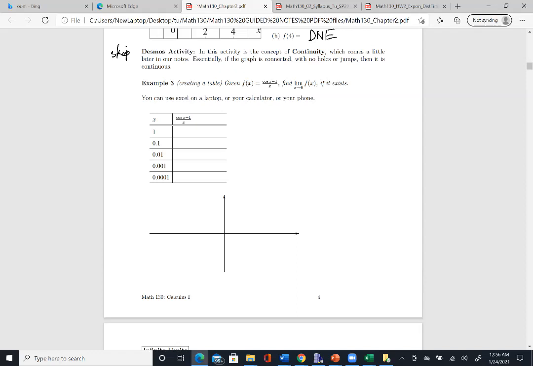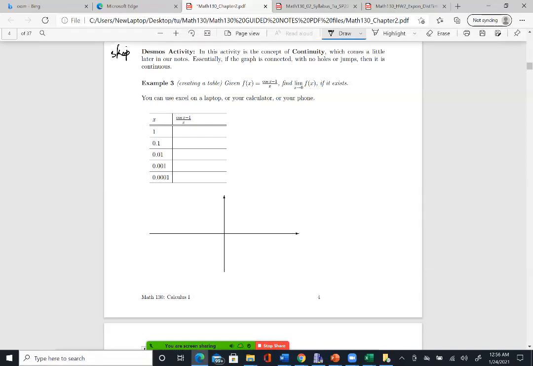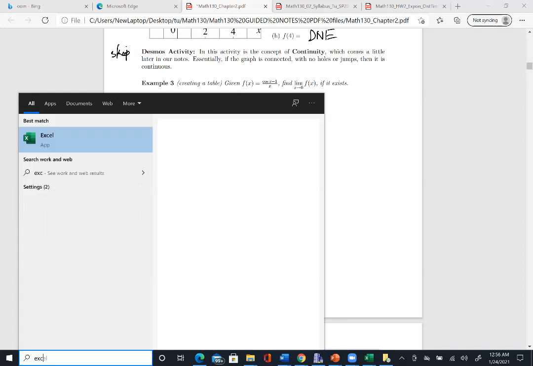You actually can use Excel on a laptop or the calculator or the phone in order to solve this one. So let me show you. For this one, if you use Excel, it could be very easy.